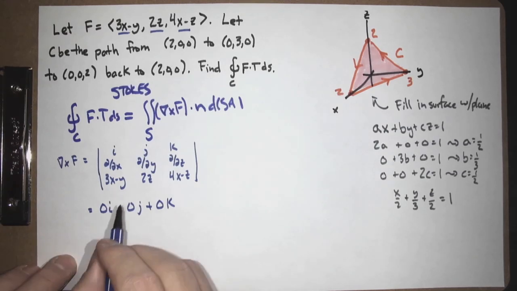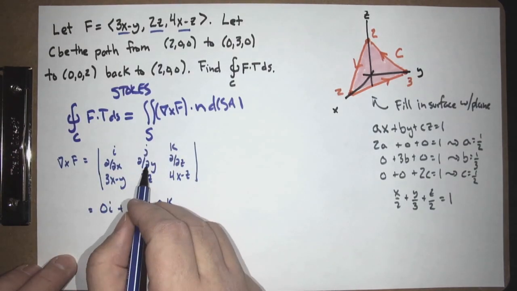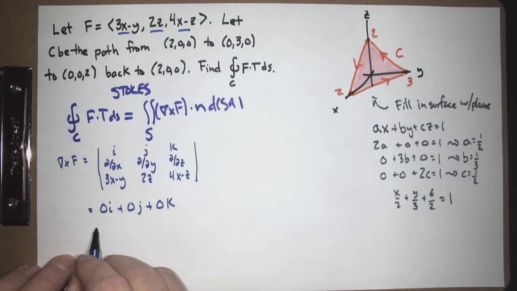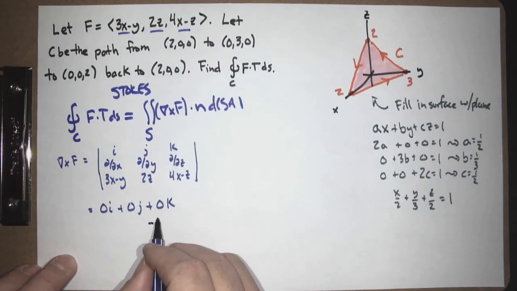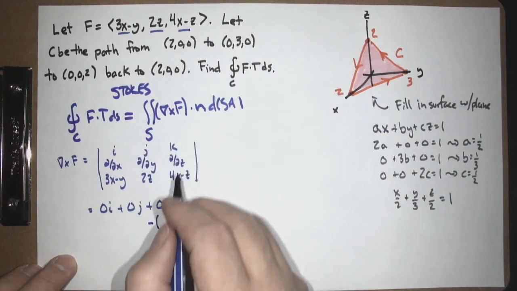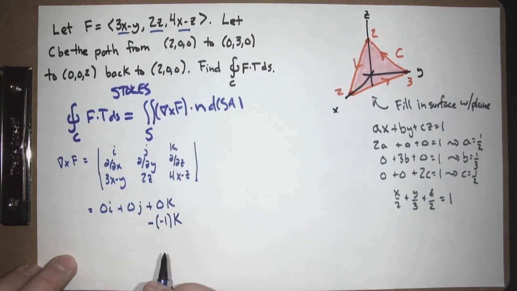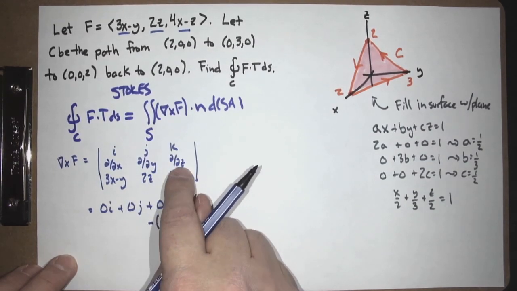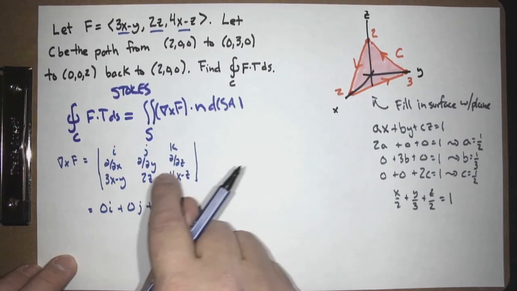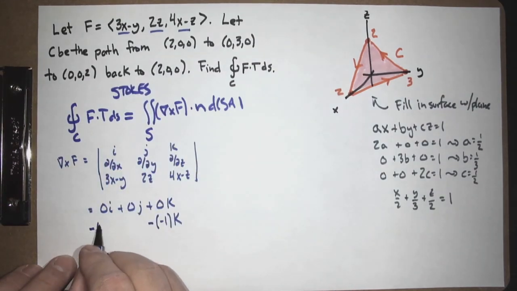All right. So those were going down, and now we start going up. We're taking partial y of 3x minus y. Minus 1. And we're going to subtract, because we're going this direction, minus 1, and that's attached to k. Okay, partial z of 2z is 2. And that's attached to the i. So we're going to subtract 2 times i.